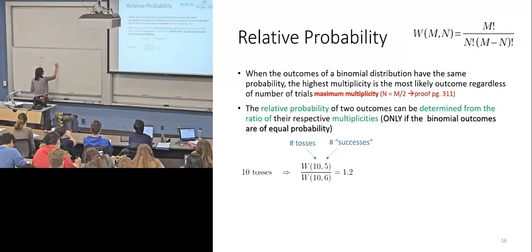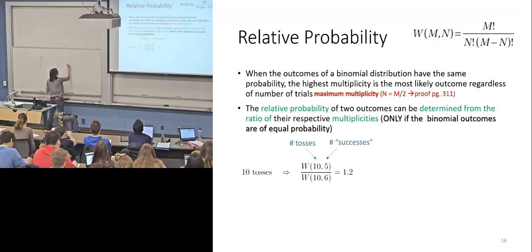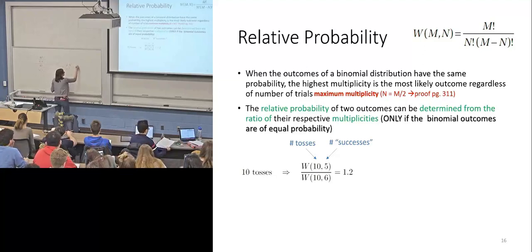So this can become 10 factorial over 5 factorial, 5 factorial times, instead of doing the division, I'll flip them over and multiply them. This is going to drop out. This is 6 times 5 times 4 times 3 times 2 times 1 times 4 times 3 times 2 times 1. My bottom is 5 times, you get it. It simplifies to 6 over 5.